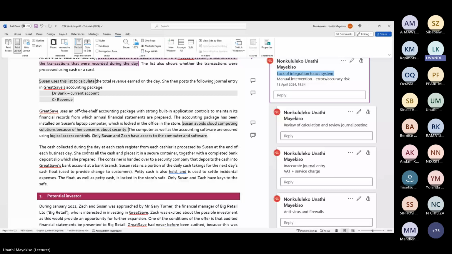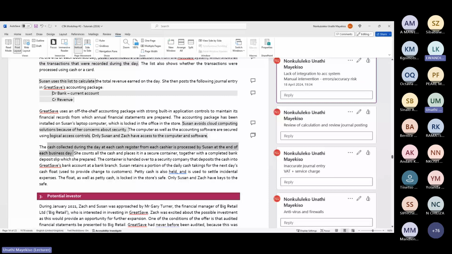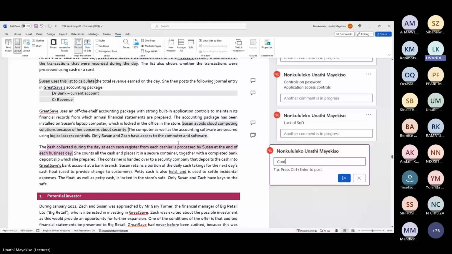So in this case, when the cashier submits, they sort of give the money to Susan instead of counting it with Susan, so there is no collusion between the two when the cash is missing and not reconciling to the till slips and the point of sale report or register.